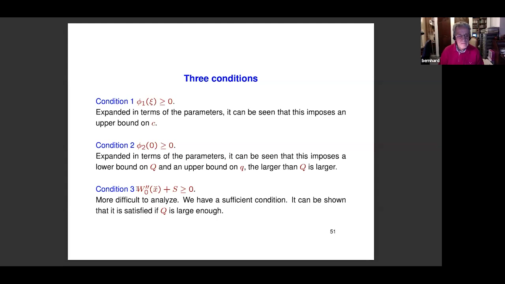This is B W0 twice derivative at x change plus S positive, because this is the derivative of the function phi. Actually, I can find that if this is true, then it holds for any x larger than x change. And this guarantees that phi, as constructed with W0 in for W prime, will remain negative, and therefore 0 will be the minimizing control. It's difficult to analyze, and I'm still not completely finished with that.